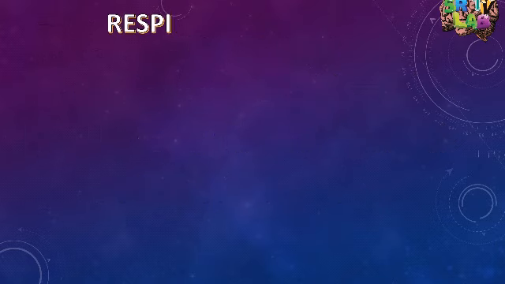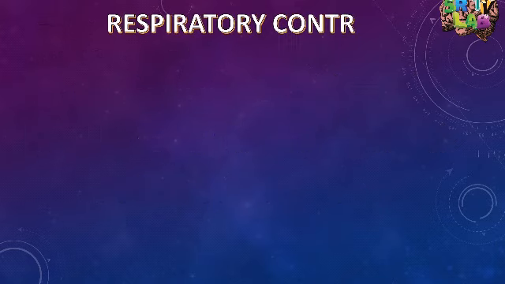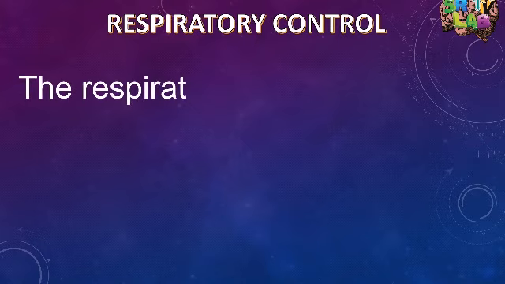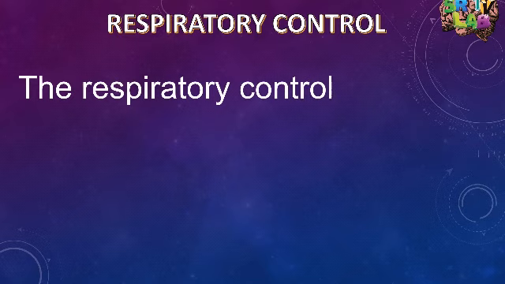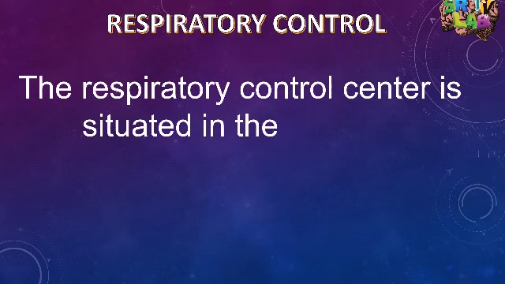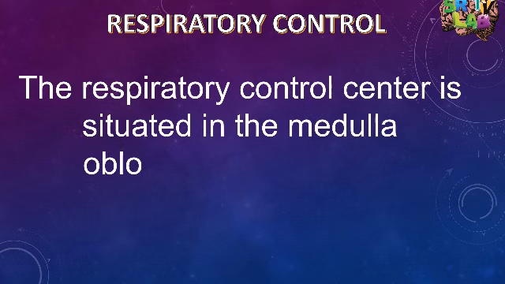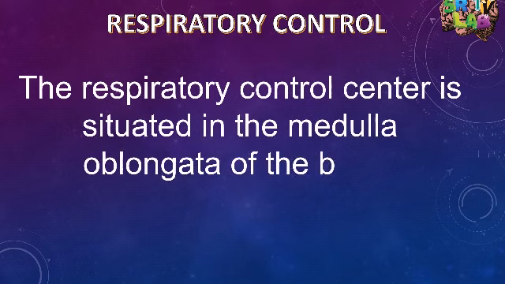Remember, respiration is passive or involuntary. Like when you are sleeping, you keep breathing but without knowing what is going on. Therefore, there is something else that controls the respiration. Let's see it. Actually, the respiratory control center is situated in the medulla oblongata, which is part of the brain.